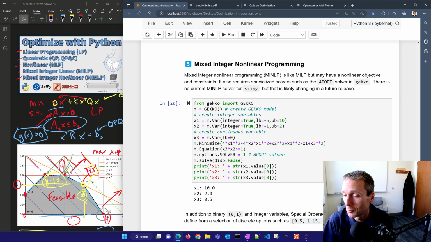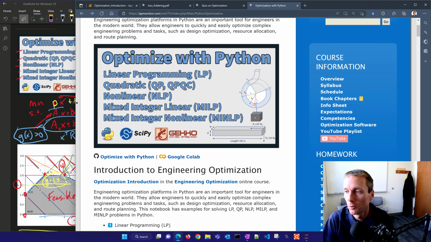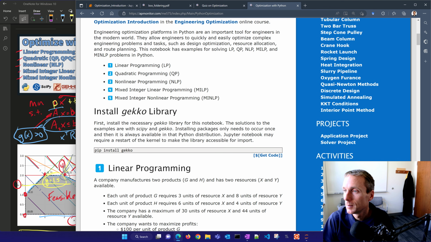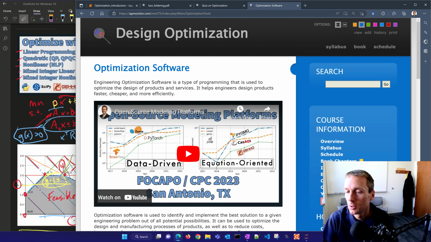There are also many other great packages that you can use to solve these types of problems. Here in the optimization course overview, if you come to optimization software, you'll see a review paper and a presentation that I gave on data-driven modeling and also equation-oriented modeling as well.